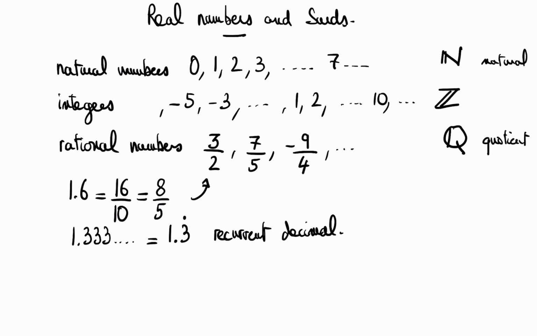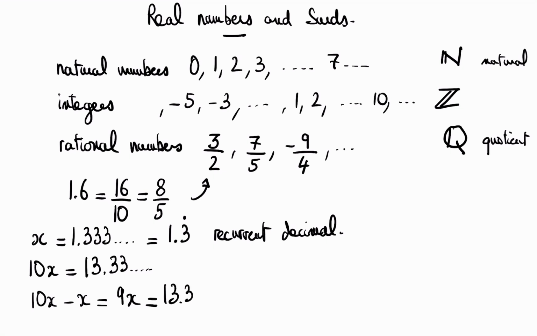Well, this is what I'm going to do. I'm going to call this number x here. If I do 10x, I'm sure you would agree that it's 13.3333. Now, if I subtract 10x minus x, well, that's 9x, of course, and it's 13.333 minus 1.33, which is not too difficult, it's actually 12.